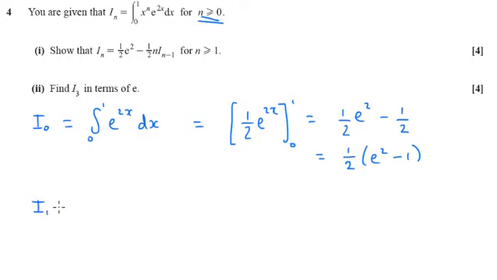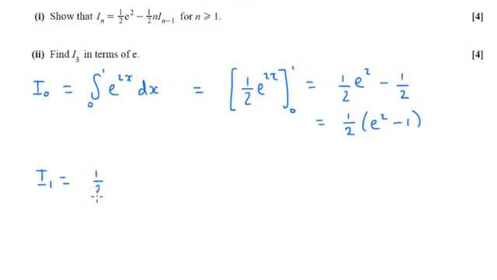So I1 is now going to be equal, and we can sub it into our reduction formula. We're going to get a half e squared minus a half, I'm looking ahead to what to do next, a half of 1 times by our I0.